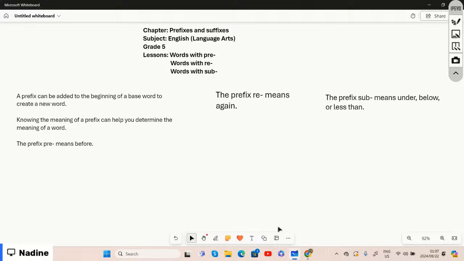All right. And we said that we're doing the prefix words with pre, words with re, and words with sub. So if we look at our first prefix, pre, and the meaning of pre, remember that knowing the meaning of the prefix makes it much easier to know the meaning of the word.